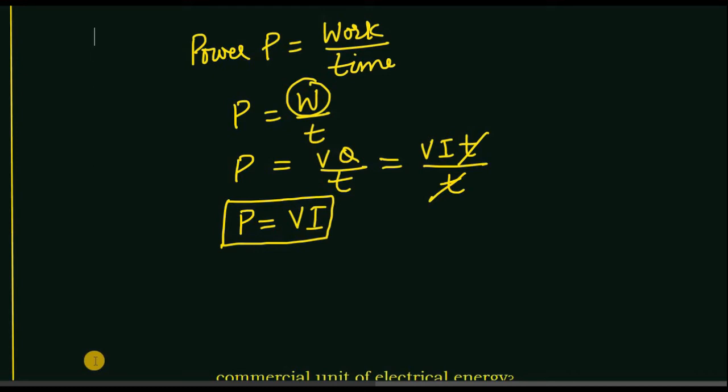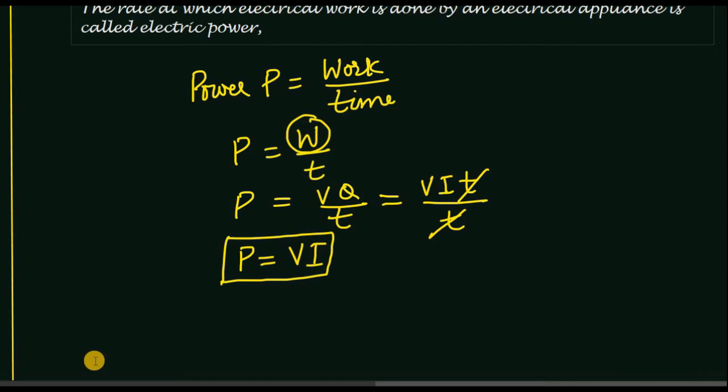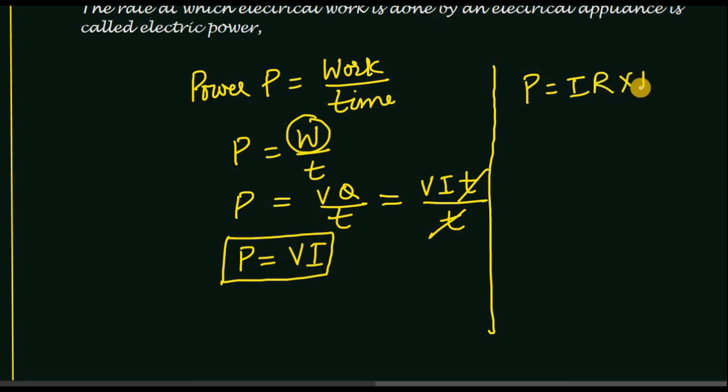We can replace any value, we can replace V, we can replace I. So let's see what happens when we replace these two. In place of V, using Ohm's law, you can write IR, and the I is already there. So another formula for power is P equals I square R.